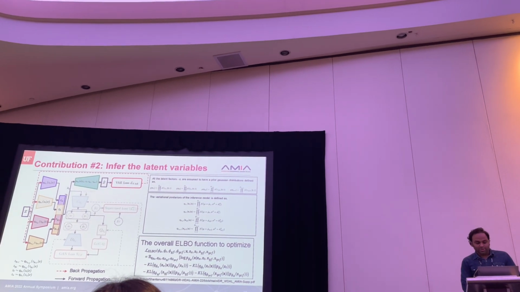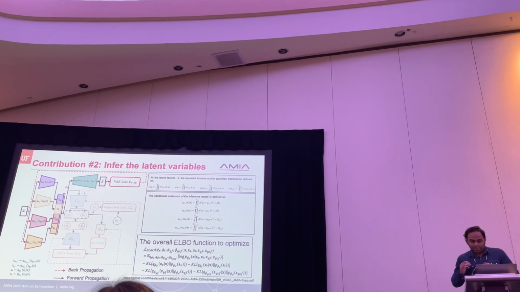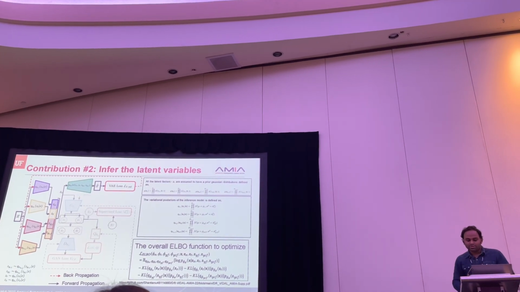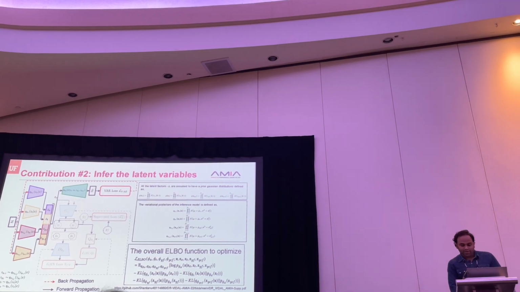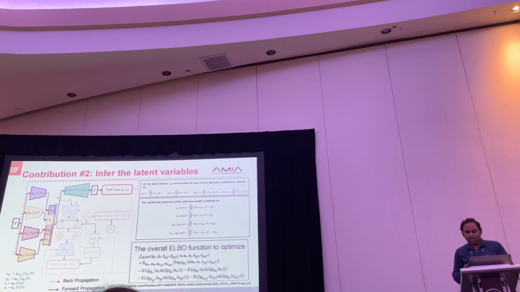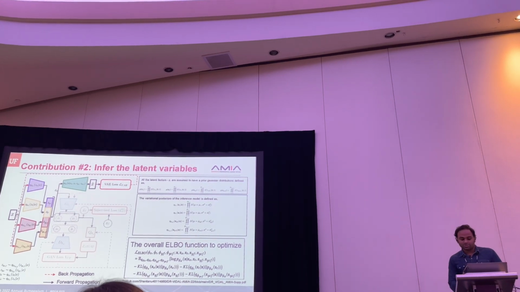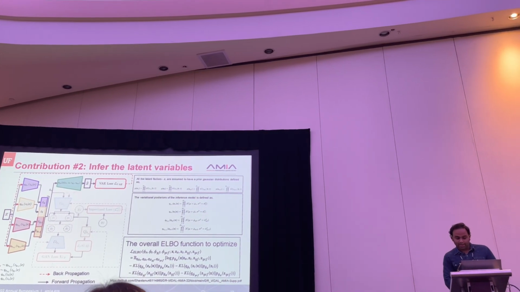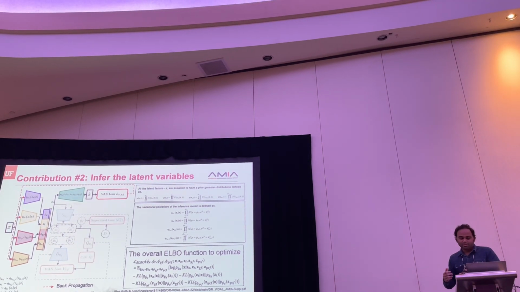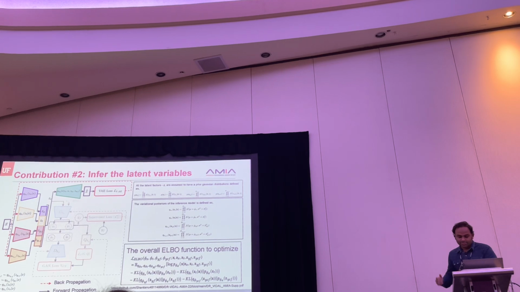Next, we define the variational posteriors using the encoder of the VAE as a factorized Gaussian distribution. We learn the mean and the variances of all the Gaussian distributions using this encoder block, and the latent codes are then sampled from these variational posteriors.